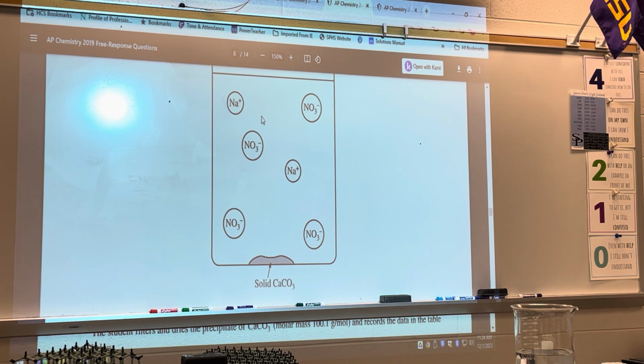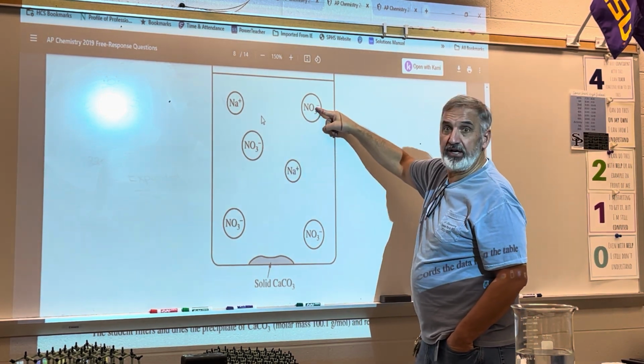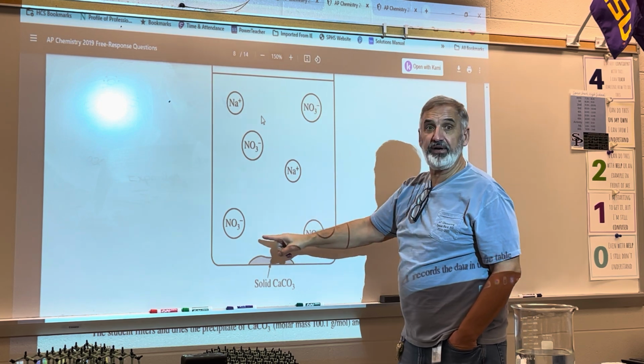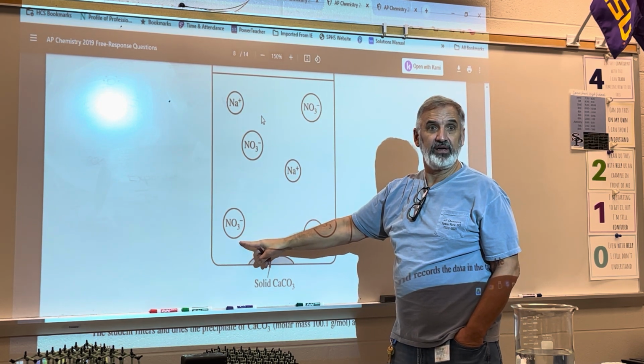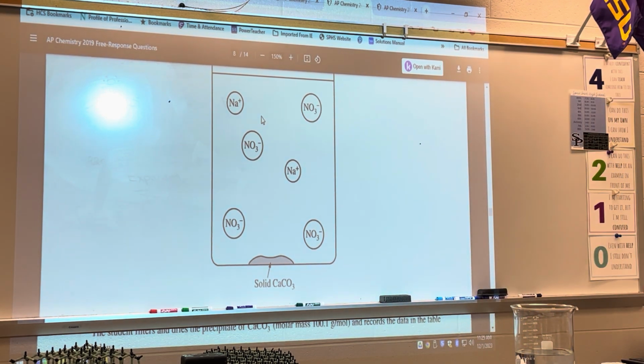The equation. NaNO3, NaNO3, NO3, NO3. Do I need two calciums? Oh, because it was calcium nitrate, wasn't it? What's the charge on calcium? Plus two. Let's not just say words out. Let's think about this. Okay?